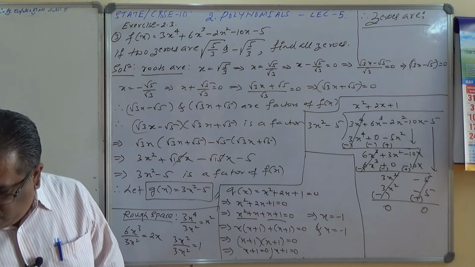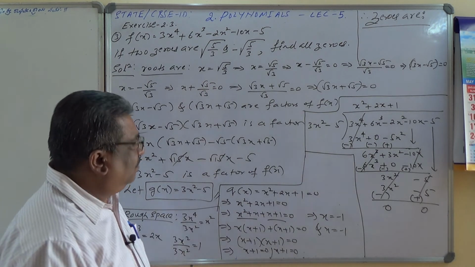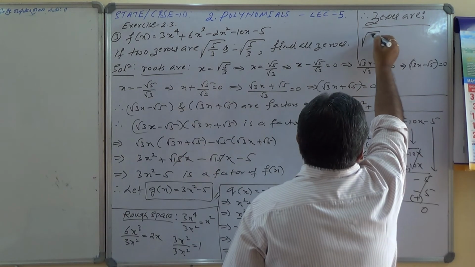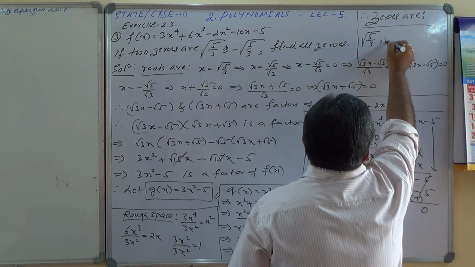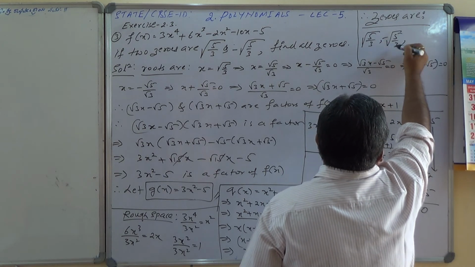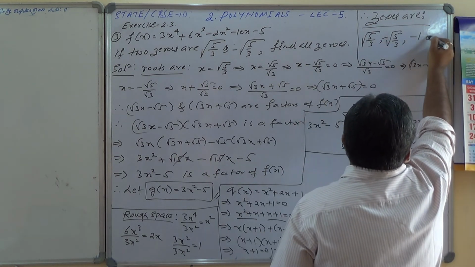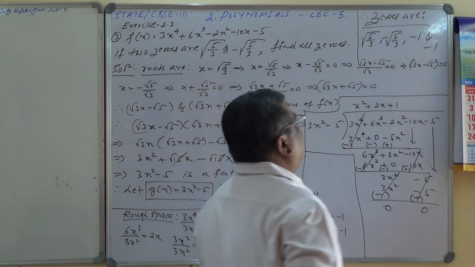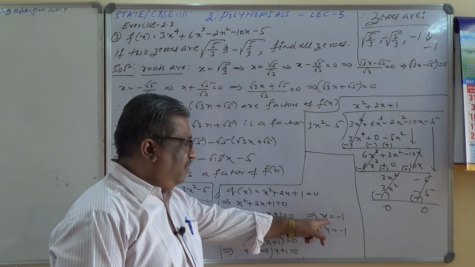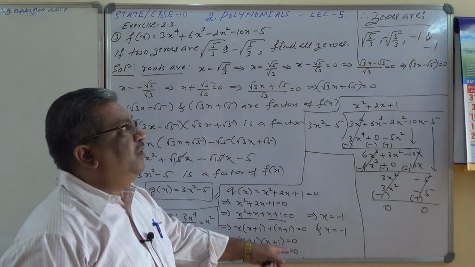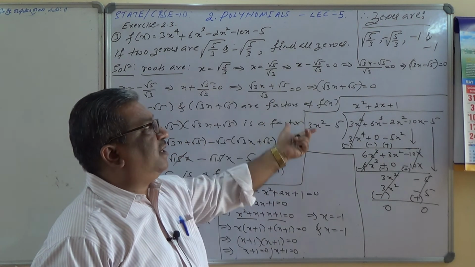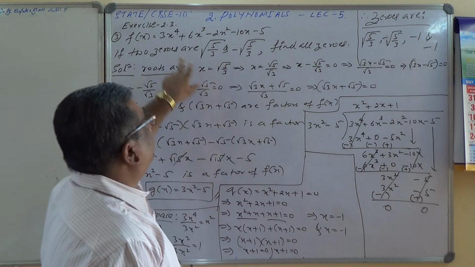Finally we have root of 5 by 3, minus root of 5 by 3, minus 1 and minus 1. All the zeros you have to write here. Just because you have got both the values as minus 1, you cannot say that it is only minus 1. I mean, only once you cannot write, because we have to have 4 zeros over here.